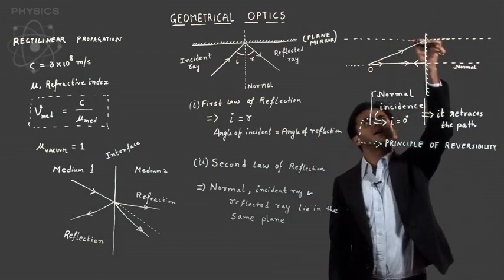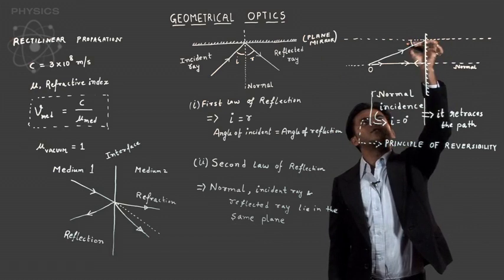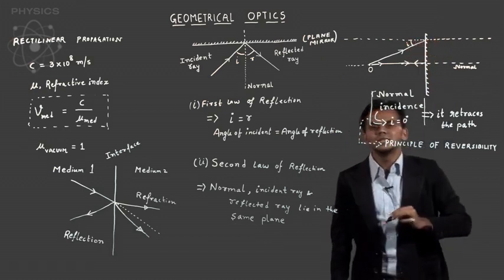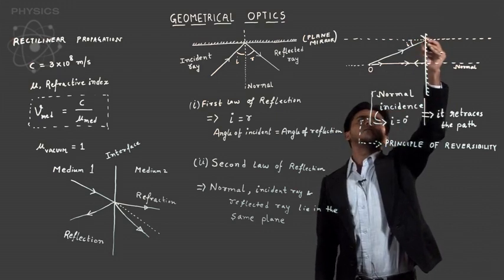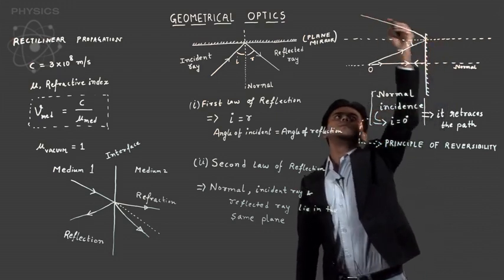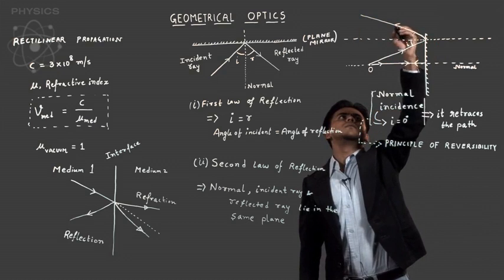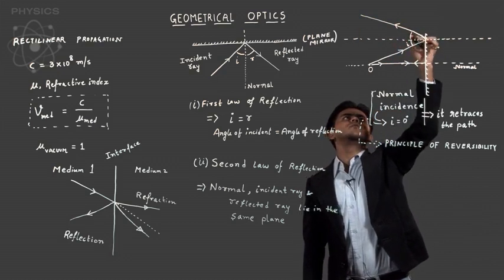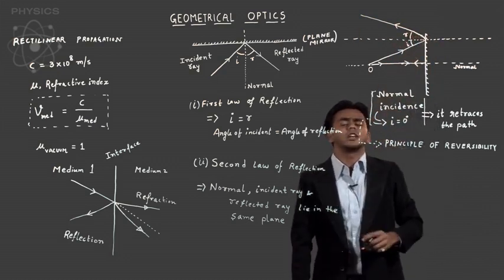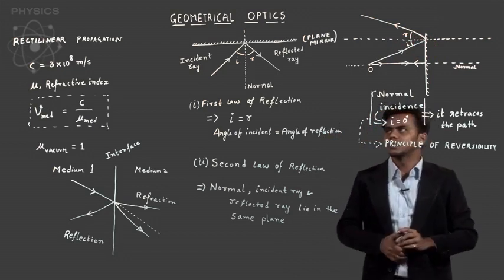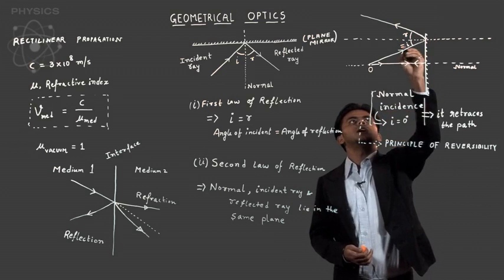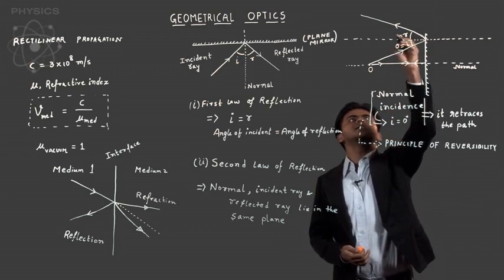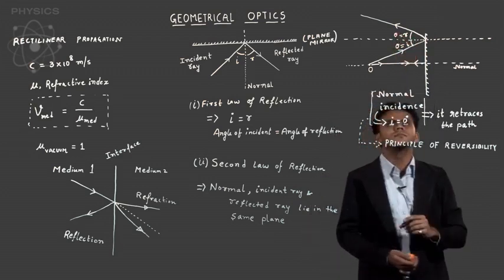And this is my angle of incidence. It would be reflected in this path now. And this would be your angle of reflection. And by all logic, I know I is equal to R. So I can just write I is equal to R is equal to some angle theta.